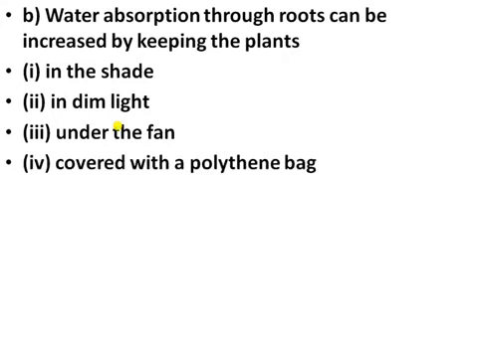The water absorption through the roots can be increased by keeping the plant under the fan. That is the right answer, because by keeping the plant under the fan, the transpiration process increases and a greater amount of water and other minerals are absorbed by the plant roots from the soil. So the answer is under the fan.